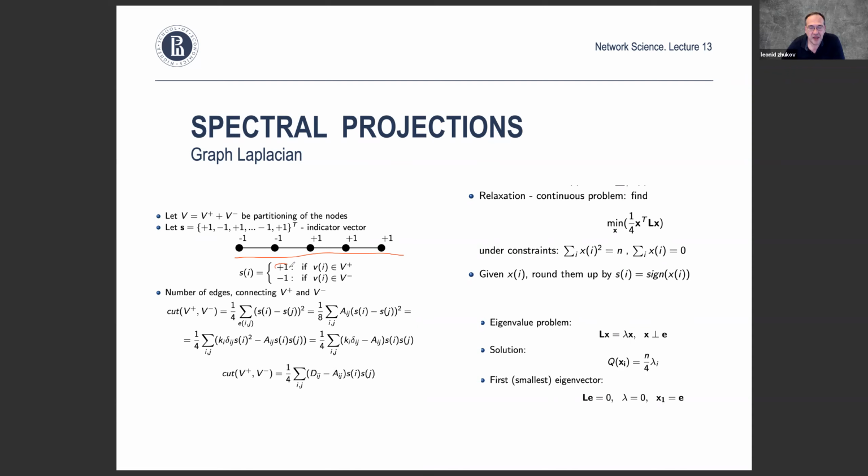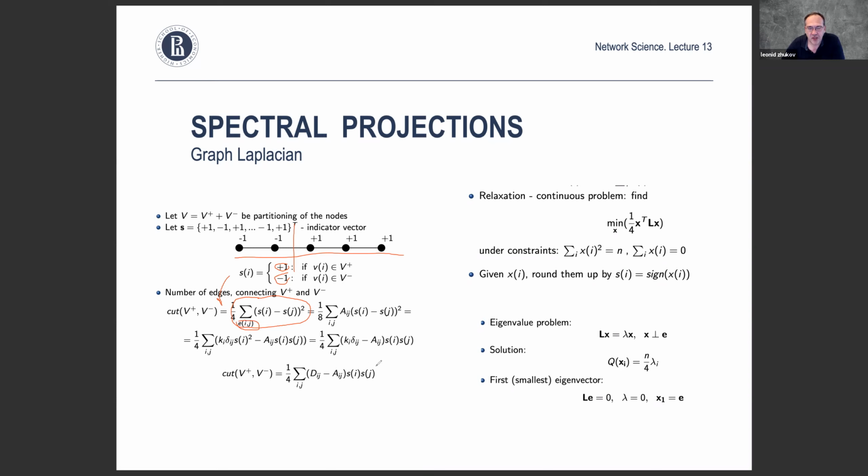And when we do this, we can calculate the value of the cut, which is how many edges connect the plus and minus classes. We put it this way as s_i minus s_j, where i and j are the nodes connected by an edge.